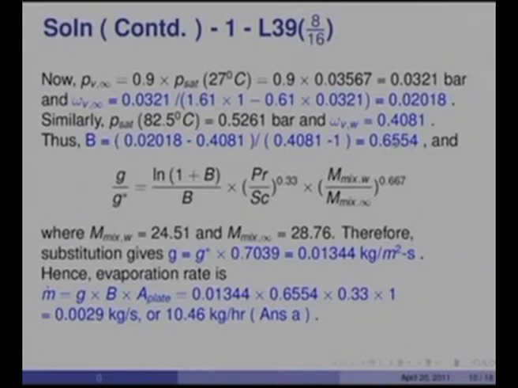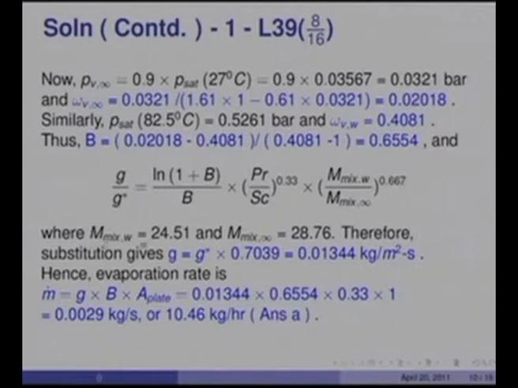Normally, evaporation problems have very small B, and therefore, we now follow the Reynolds flow model, in which we are advised that G over G star ln(1 plus B) should be multiplied by Prandtl by Schmidt raised to 0.33, and also the property correction, m_mix w divided by m_mix infinity raised to 0.67.